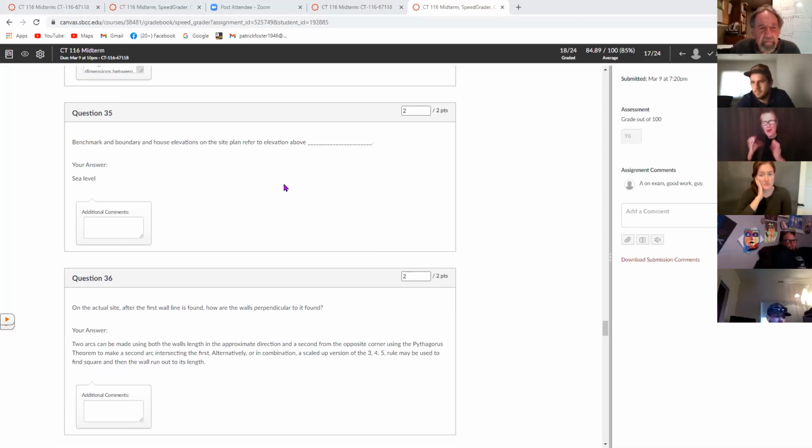35, the benchmark and boundaries and house elevations on the site refer to elevation above sea level. Yeah, no, that's right. You've still got to use the sea level. Trying to figure out a way around it. Because the marks that the engineer or surveyor puts on the manhole cover, and he does the site plan, he'll put it on a different elevation for the first floor height.